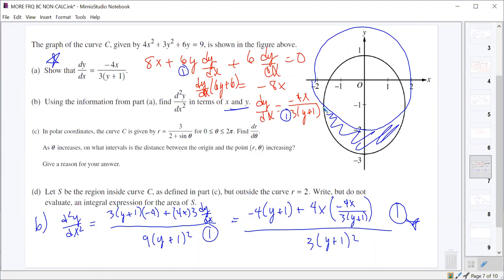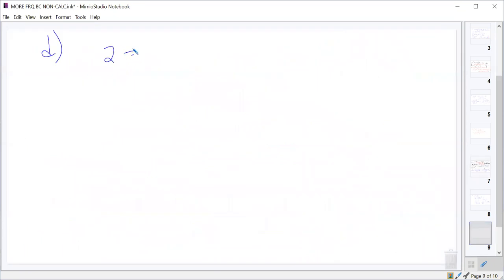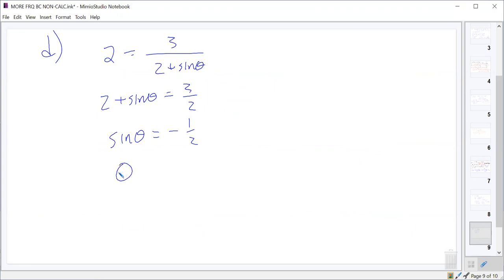So first off, we need to find where these two curves intersect. We set 2 equal to 3 over 2 plus sine theta, which gives us 2 plus sine theta equals 3 halves if I cross multiply, or sine of theta equals -1/2. That should occur at increments of pi over 6 in the third and fourth quadrants. So that ought to be 7 pi over 6 and 11 pi over 6.